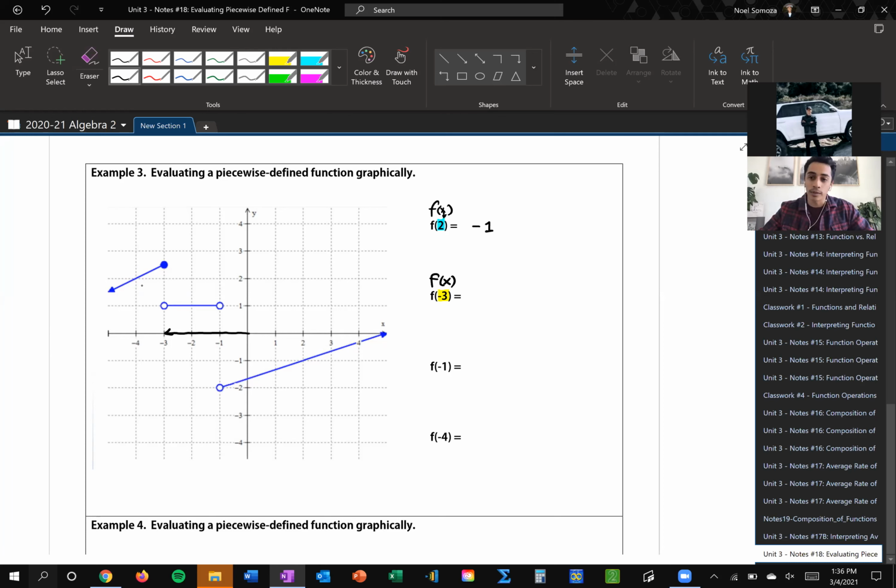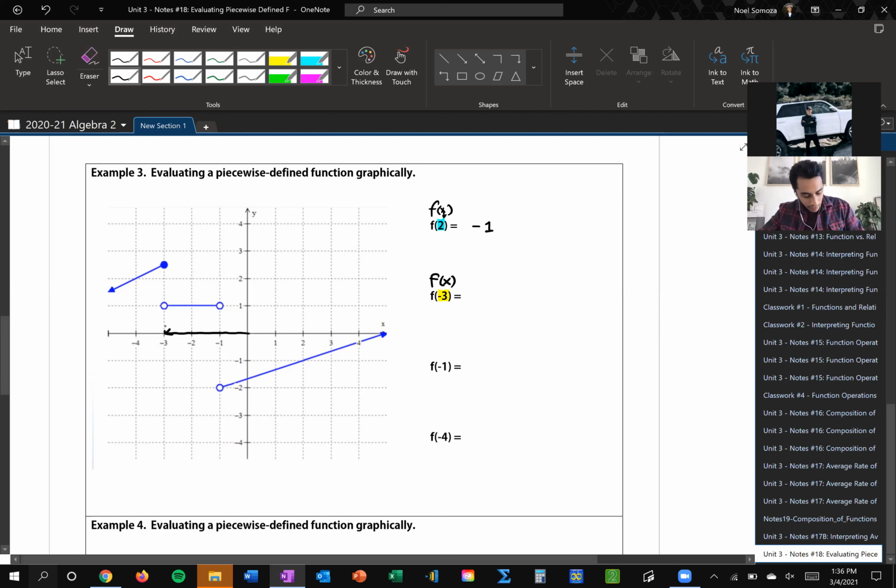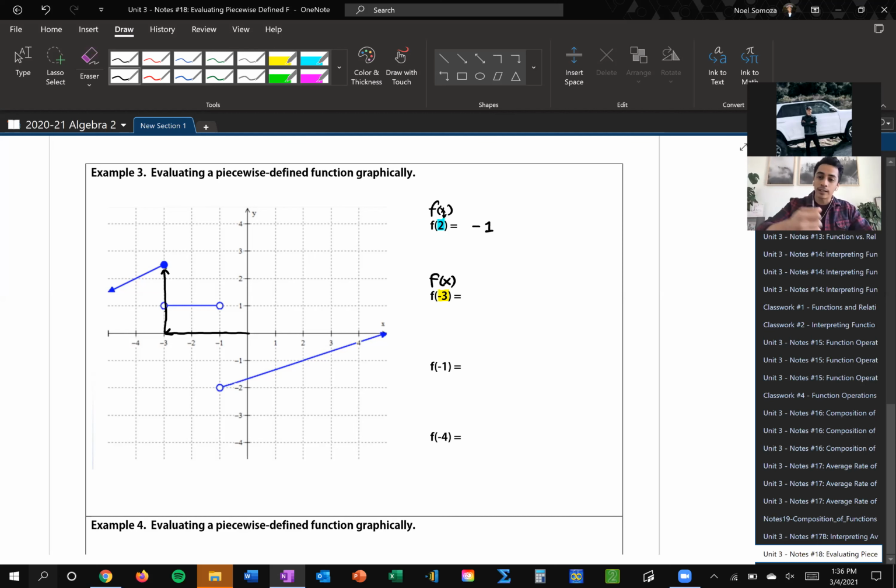Okay, so there is an open circle, but then above that, there's a solid circle. Which one wins? Yeah, remember that conversation we had? Solid overrides open. Same thing happens here. It's not defined here, but if you keep going, it is defined further up. So you go where it is defined. So if I were to go to -3, I do have an output, but the output is at 2.5.